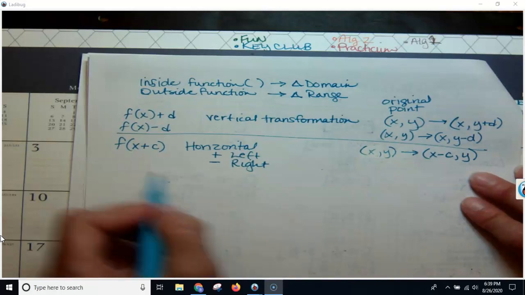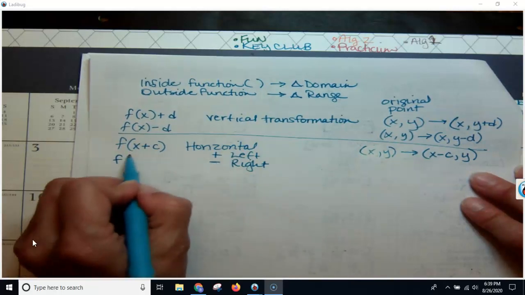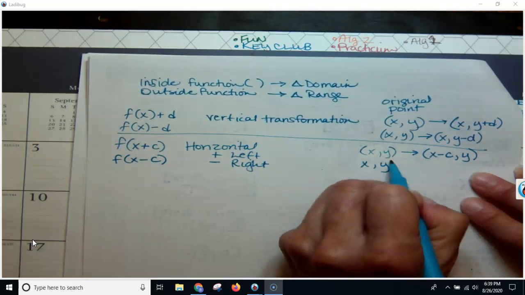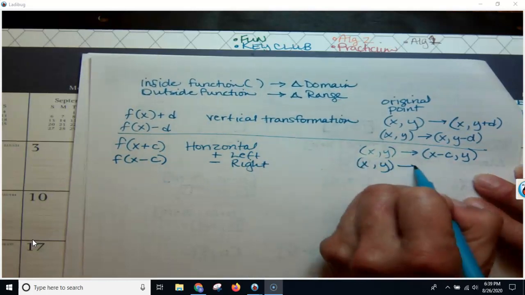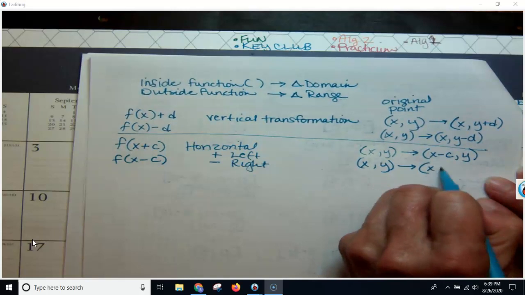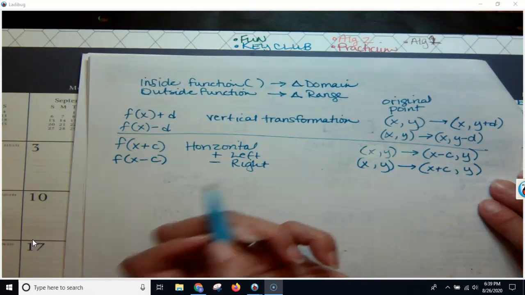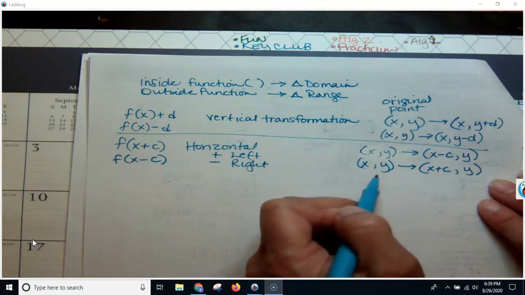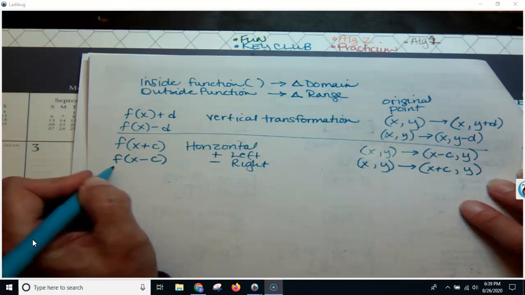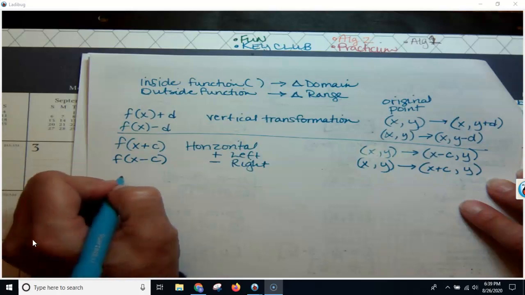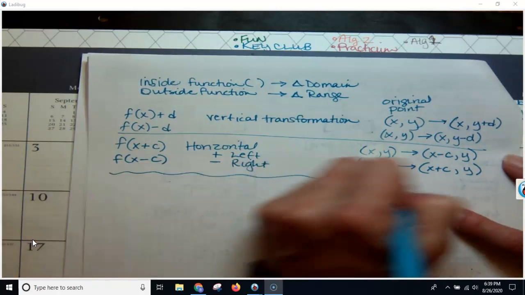The range hasn't changed. If it is f of x minus c, then your low and your high would change to x plus c. All right. Now keep in mind these are original points, not domain and ranges. So these are horizontal shifts.